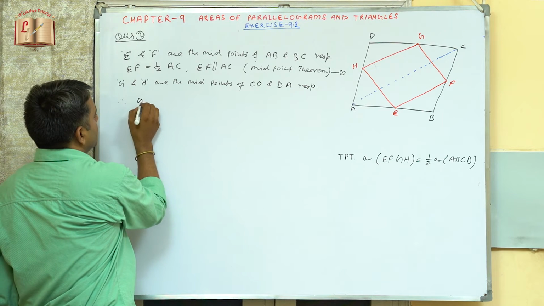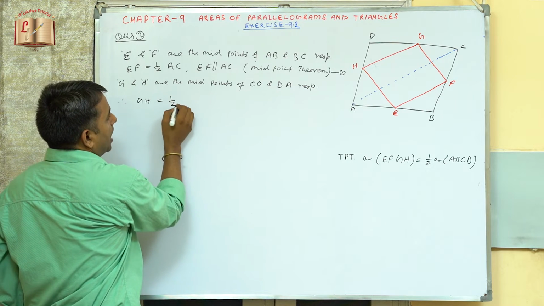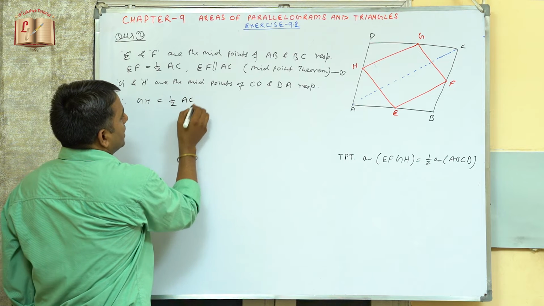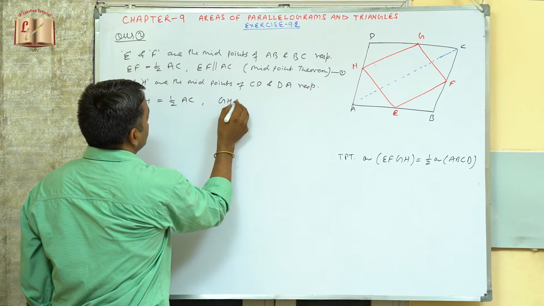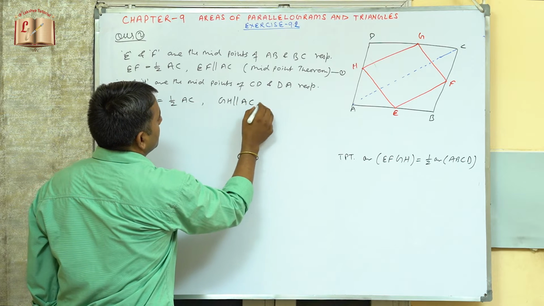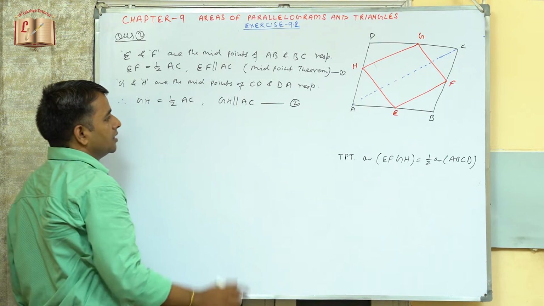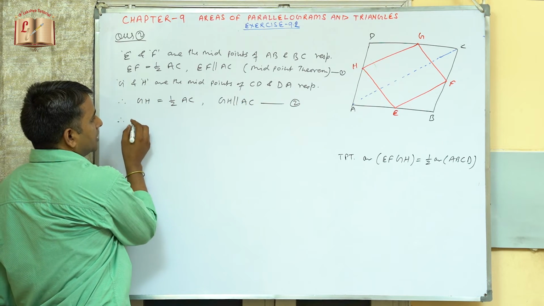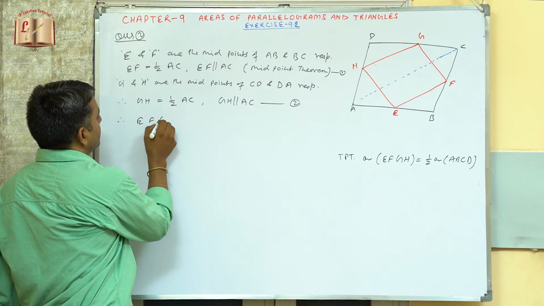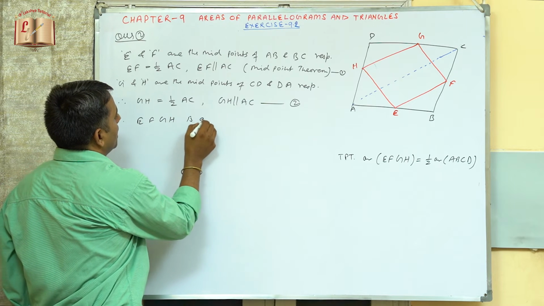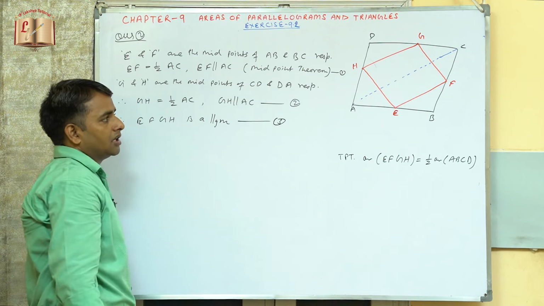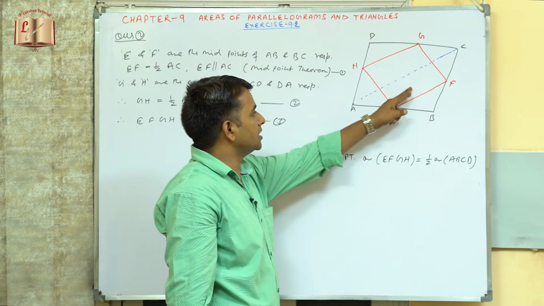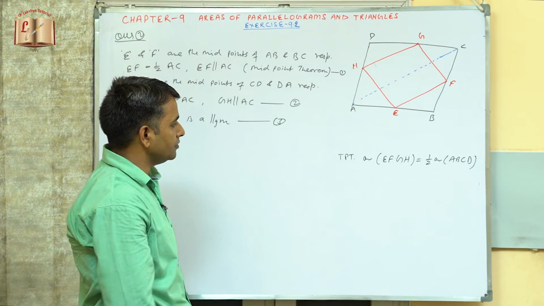Therefore GH is equal to half of AC and GH will be parallel to AC. Again this is the second point. So therefore we got that EFGH is a parallelogram. So this is now the third observation. EFGH is a parallelogram now.